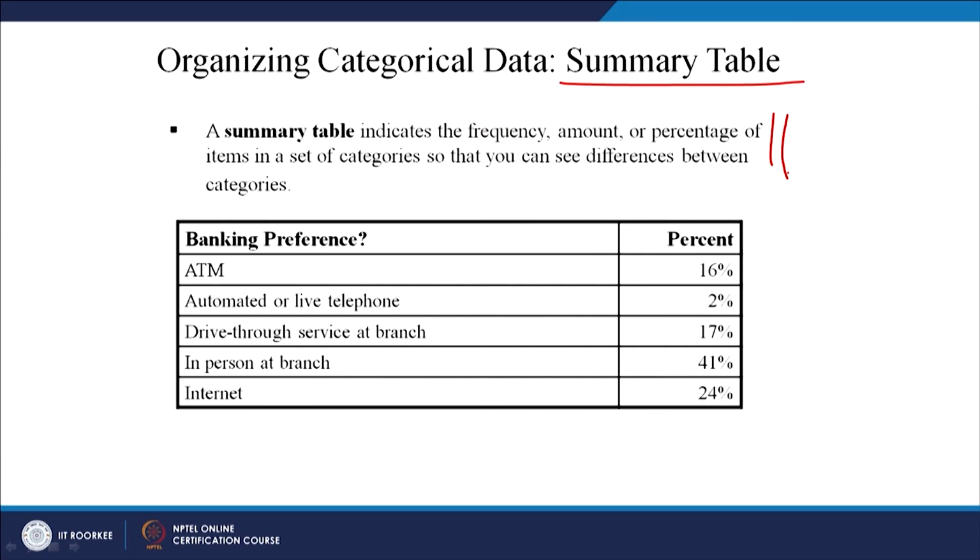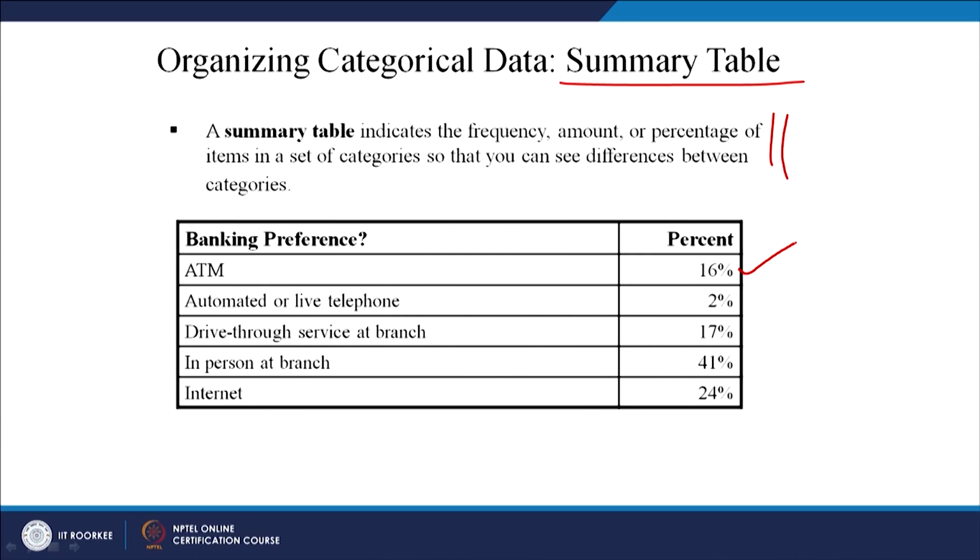Let us look at the summary table first. There is an example. A summary table indicates the frequency, amount or percentage of frequency in a set of categories, so that you can see differences between categories. Let us say you have collected data from 1000 people and you have asked them a question about their banking preferences.